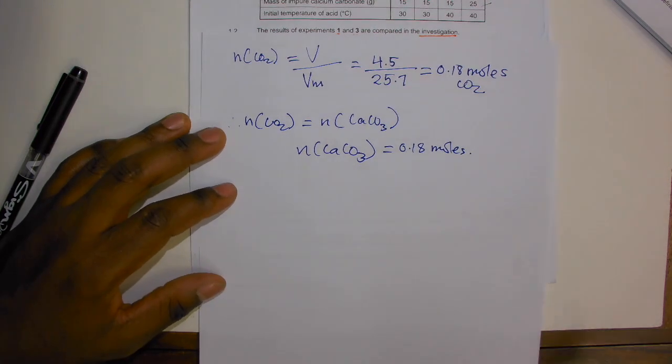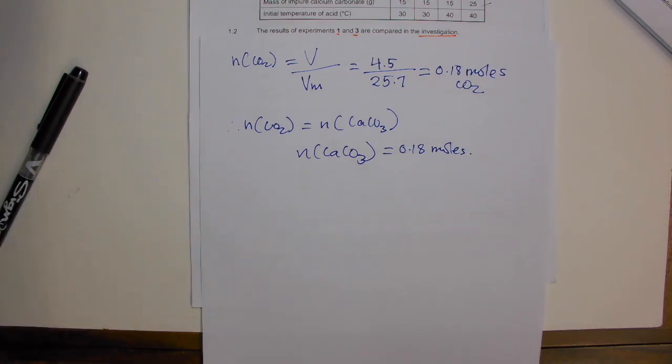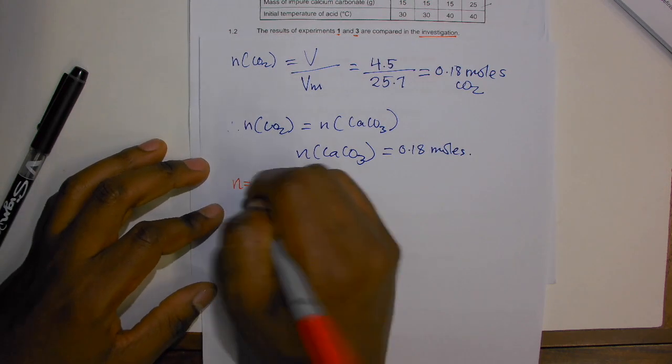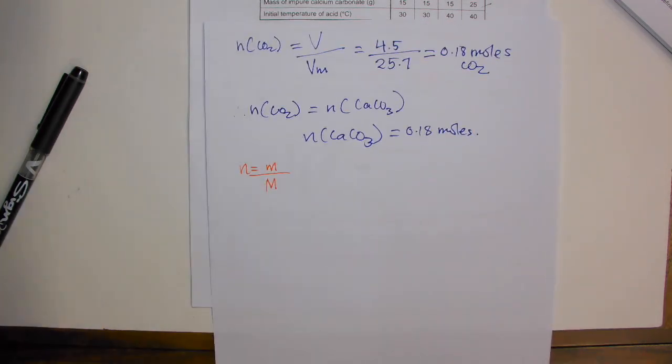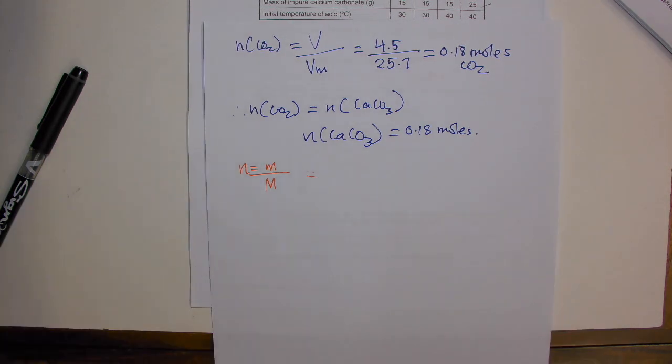Okay, before I move on, what is the molar mass of calcium carbonate? I will give it to you because I didn't print out a periodic table, okay? So please do not forget this statement that says number of moles is equal to mass all over molar mass. Do you guys remember this statement? So once we have that, we come back, then we say, what are we looking for?